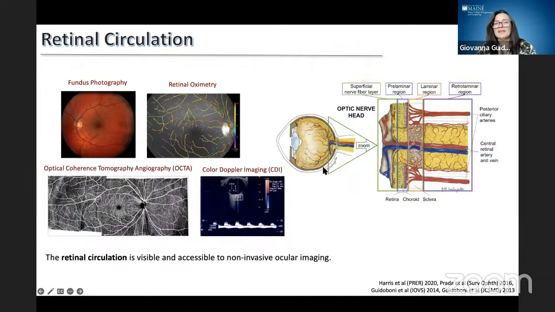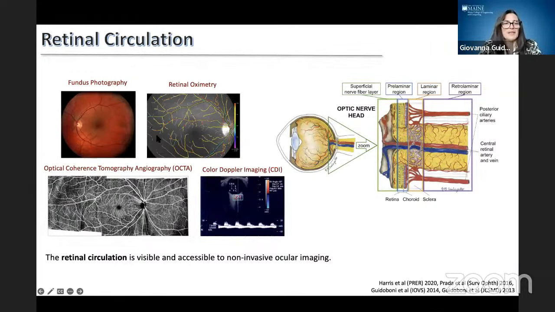The retinal circulation is really the one that is more directly visible because it is lining the back of the eye. And it is interesting because it has a single input, which is the central retinal artery, and a single output that is the central retinal vein. And they run parallel to each other for a tract in the optic nerve head.